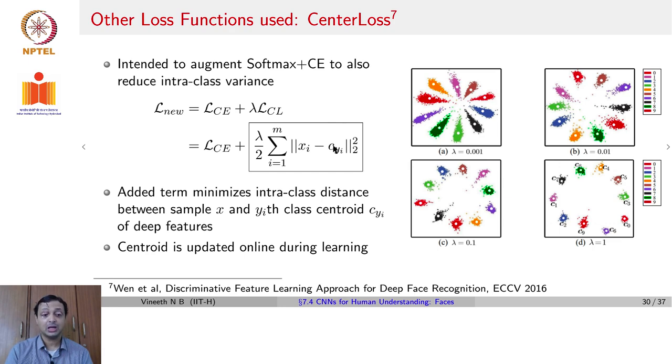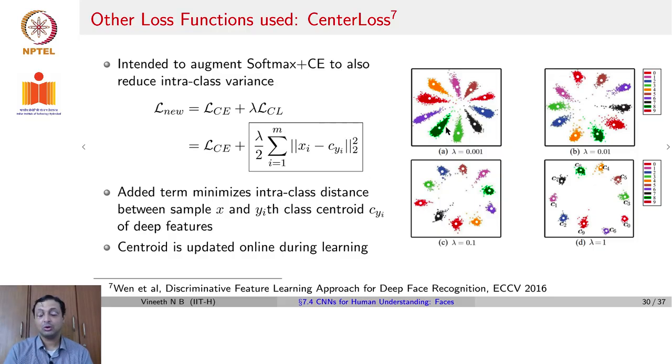So these centroids are also updated online during learning as you keep training over different iterations. You get these centroids based on the representations in each particular iteration over training. And in that iteration, we try to ensure that the representations are close to the centroid of that particular class.